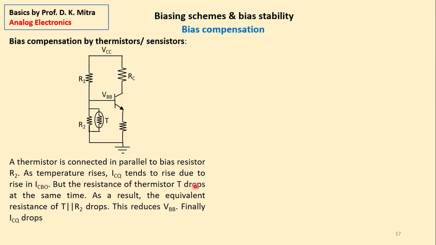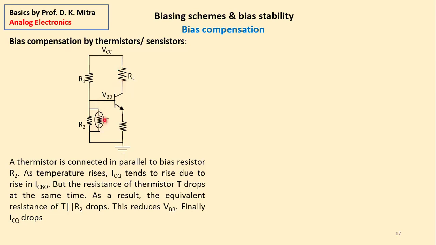But since the resistance of this thermistor drops, this parallel combination resistance drops. Then the potential here drops, which drops the value of VBB. And if it drops the value of VBB, the current ICQ decreases.